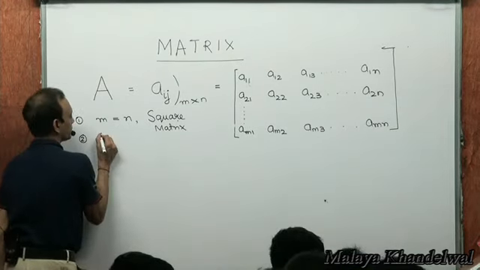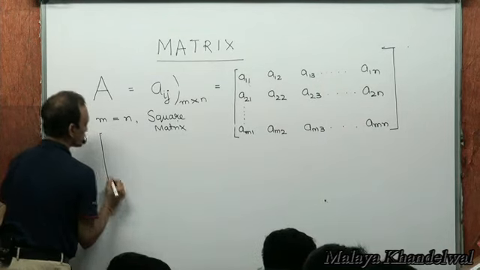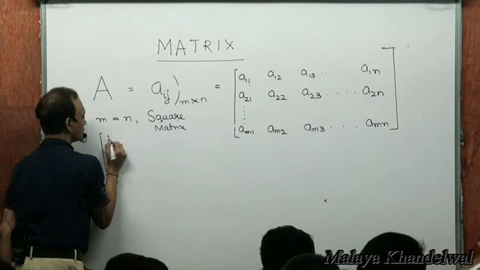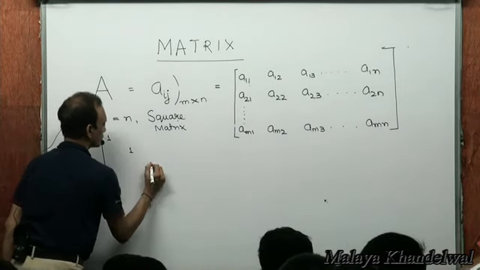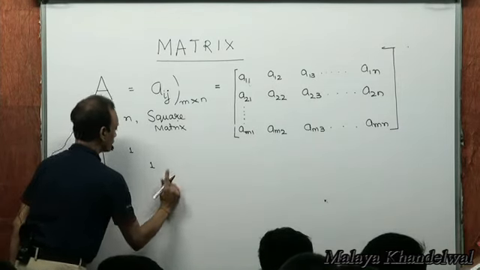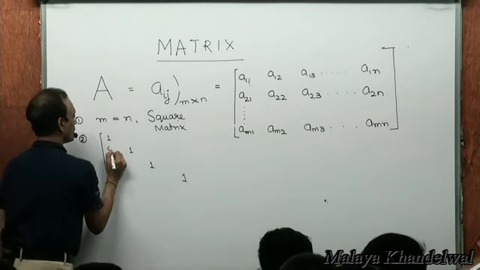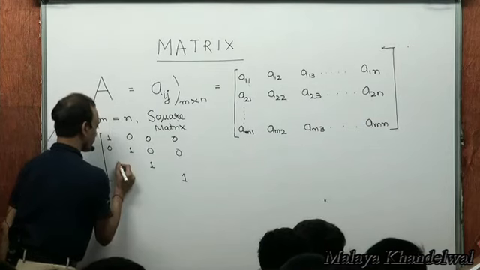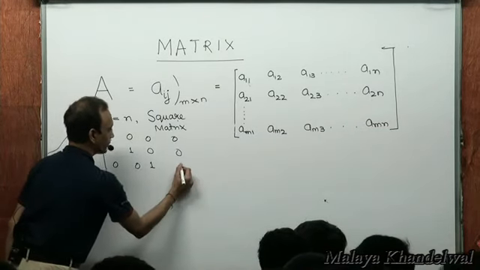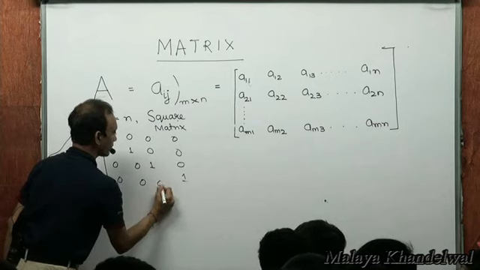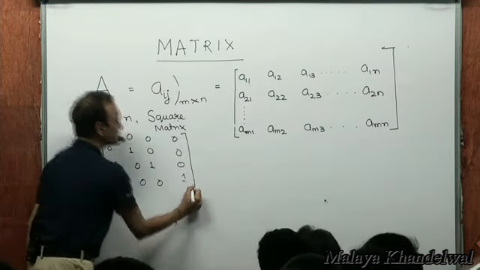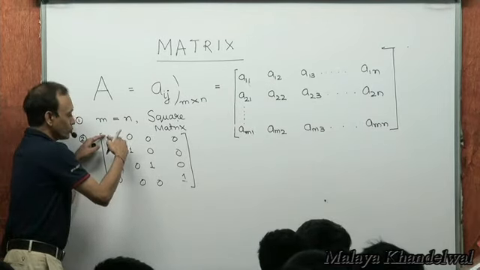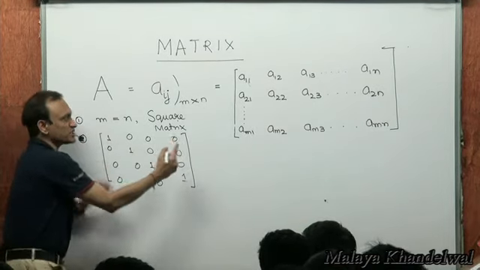If the matrix is like this, for example, this is a square matrix 4 by 4, 4 rows and 4 columns.